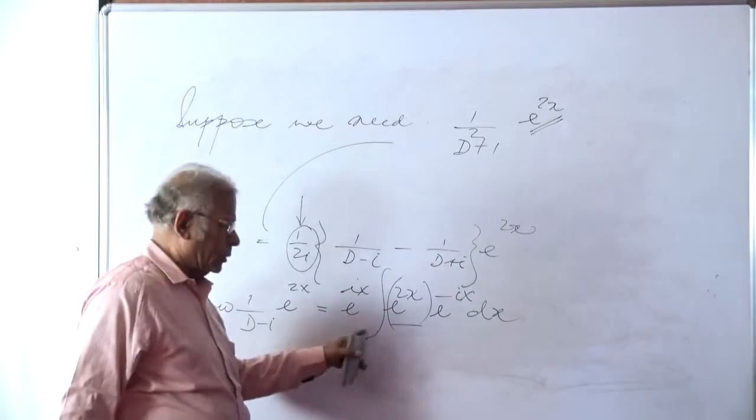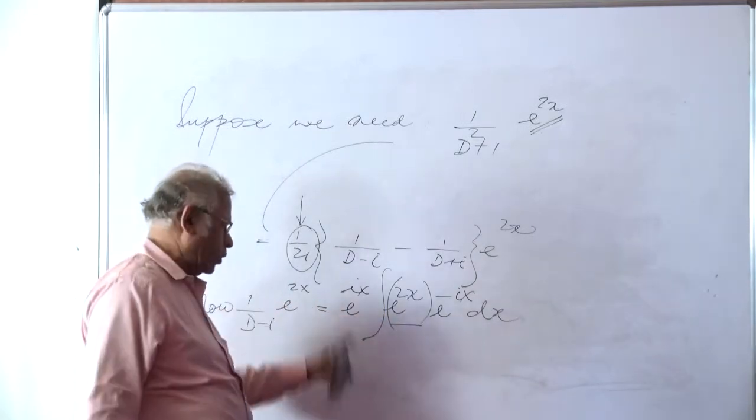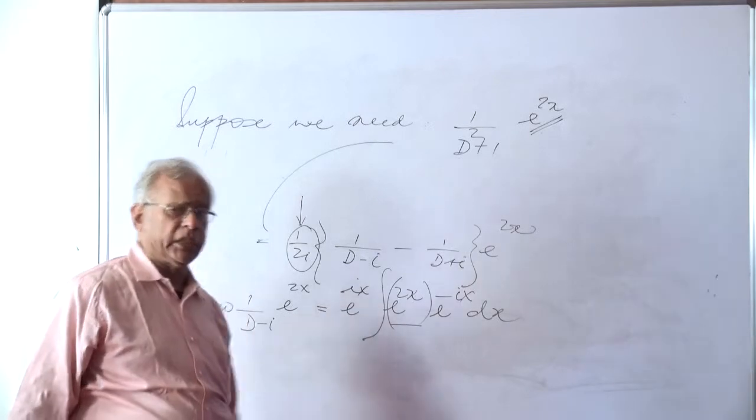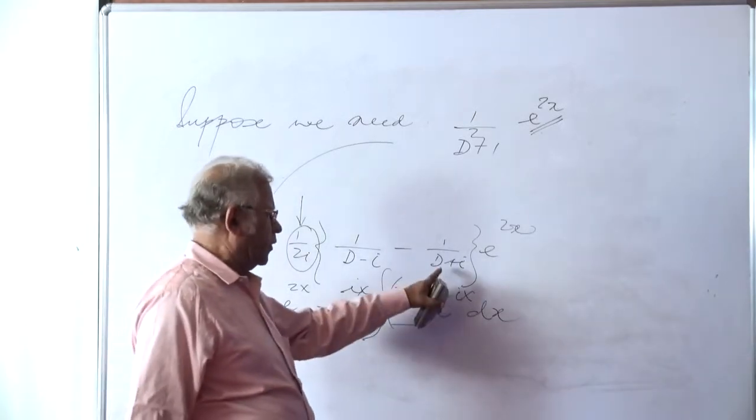Here one can use the Euler equation, e to the power of ix is cos x plus i sin x, and a similar treatment for this.